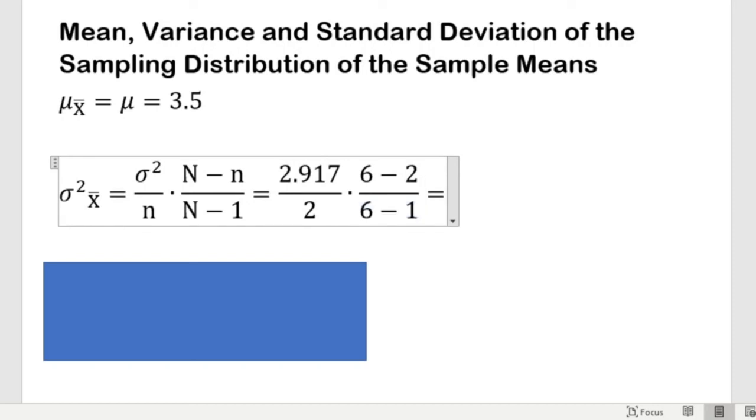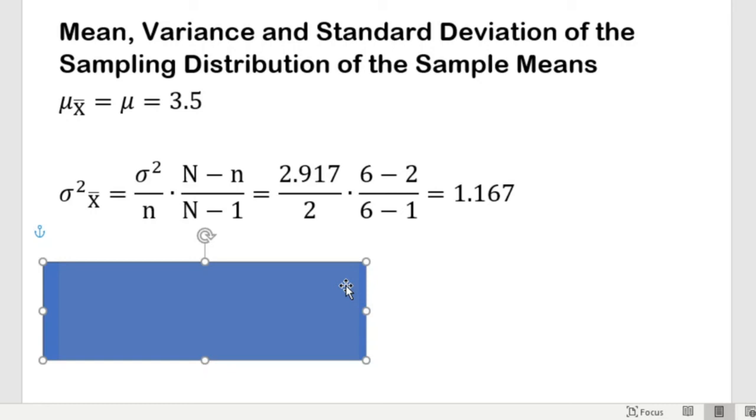We have 2.917 divided by 2 times 6 minus 2 divided by 6 minus 1. Calculating this, we arrive at the value 1.167 in 3 decimal places. 1.167 is now the value of the variance of the sampling distribution of the sample means.